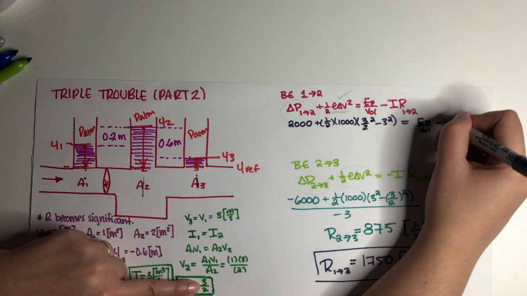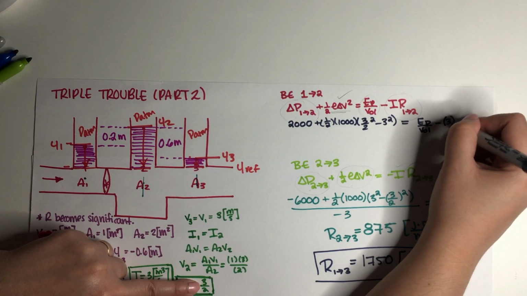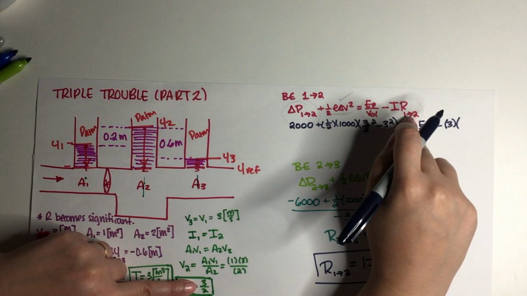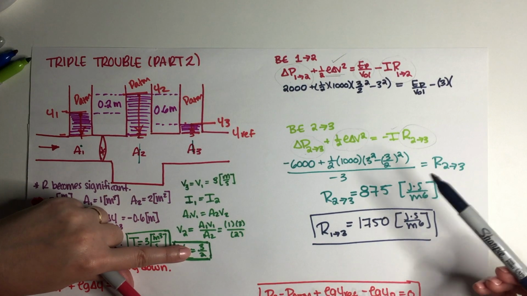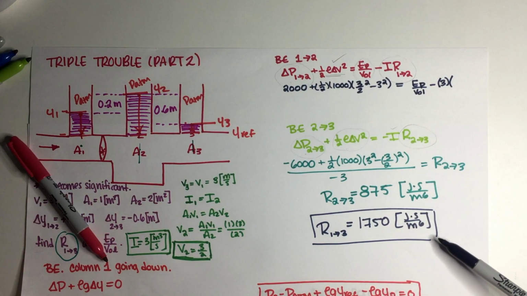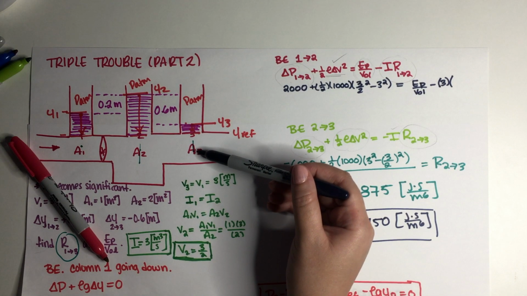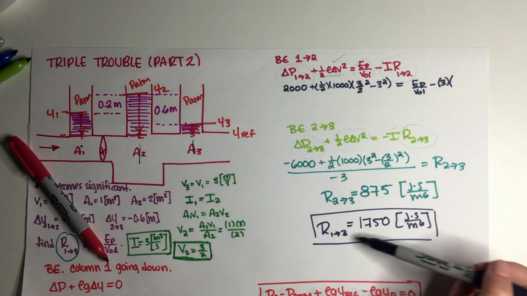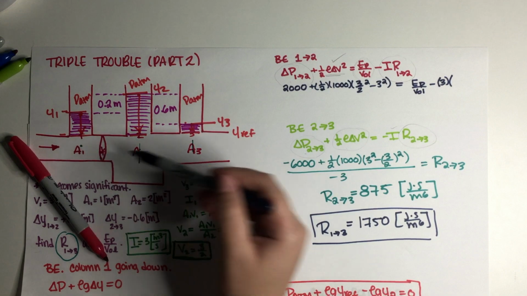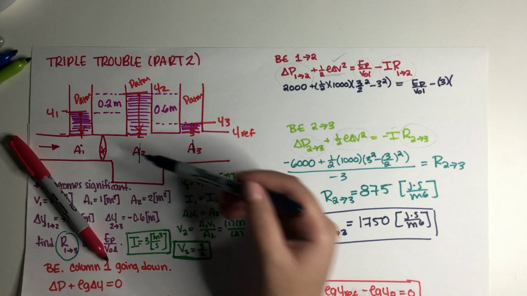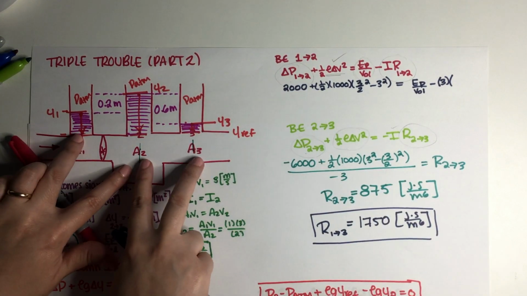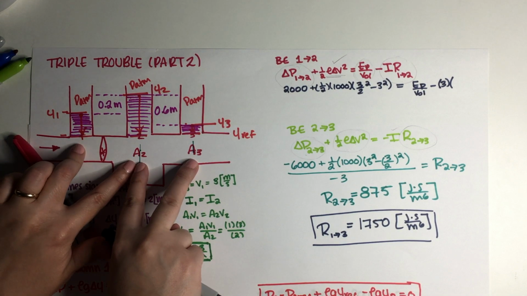Minus I is equal to 3. And this is important: which number am I going to use? Am I going to use this number or this number? Well, this number is from 2 to 3, so it's not okay. This number is from 1 to 3, so that is also not from 1 to 2. But we know that these pipes are equidistant and the resistance is uniform.